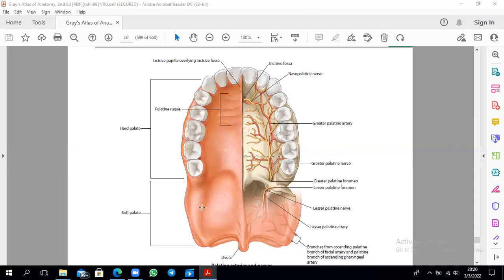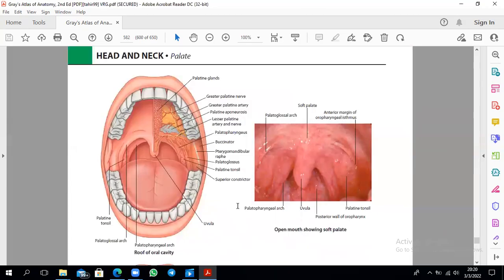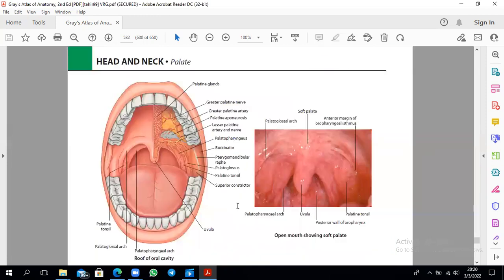In terms of epithelium, you expect pseudostratified ciliated epithelium, which is your respiratory epithelium. And you're going to expect to find those 5 muscles being the tensor palati, the levator palati, the palatoglossus, palatopharyngeus, and the musculus uvulae.